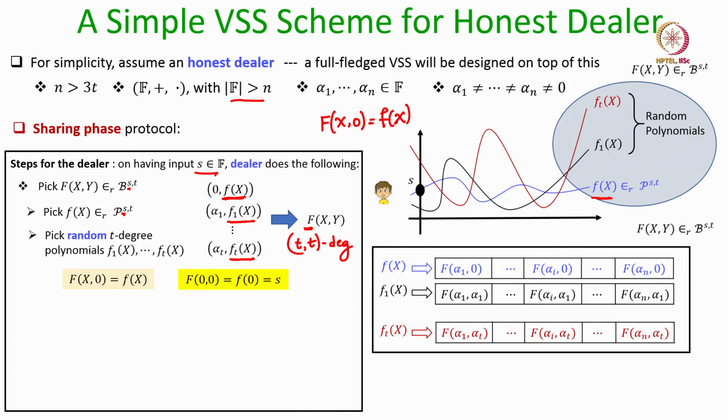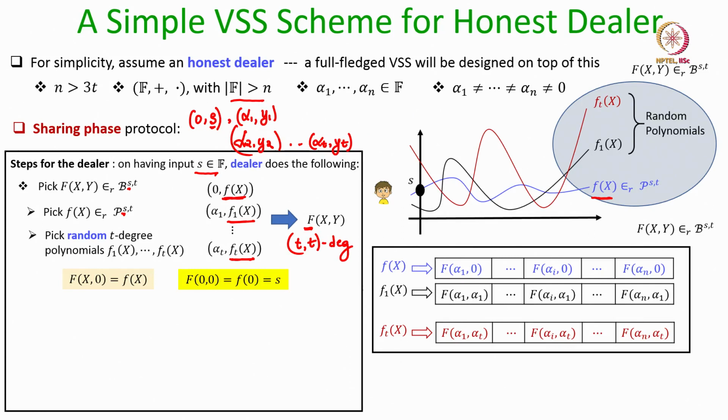If you want to compare it with Shamir's secret sharing protocol, in Shamir's secret sharing protocol there are two ways to pick that random t degree Shamir sharing polynomial. Either pick the coefficients randomly except the constant term, or fix the point (0, s) on that polynomial and select the remaining points randomly, and then interpolate a univariate Shamir sharing polynomial. That also will lead to a random t degree polynomial whose constant term would have been s.